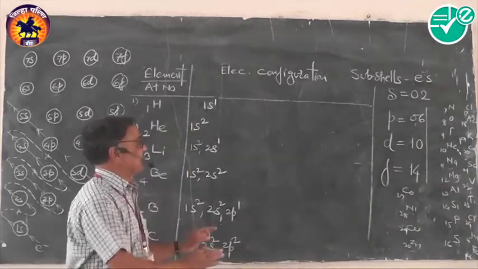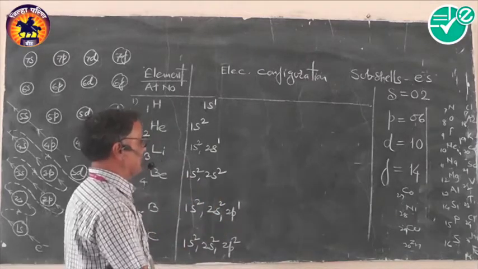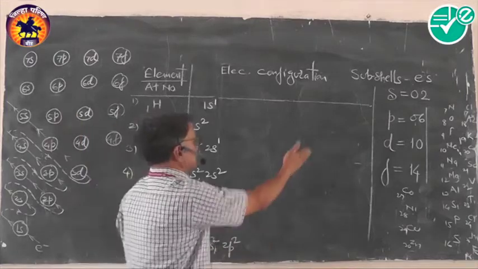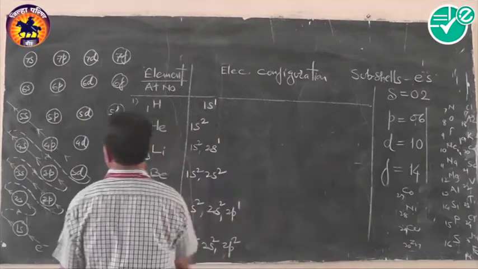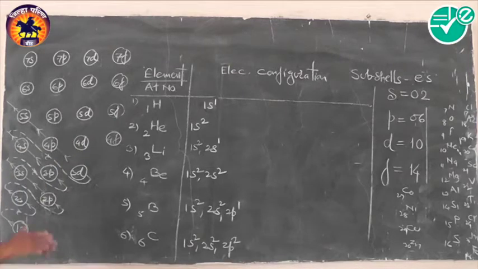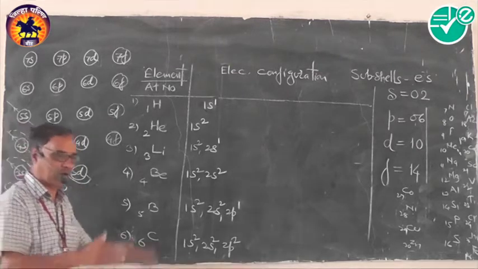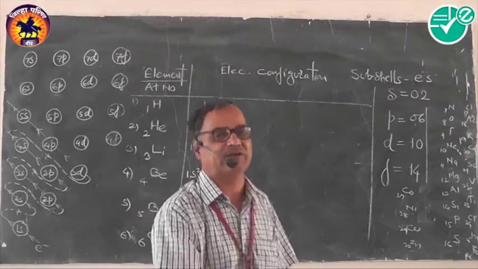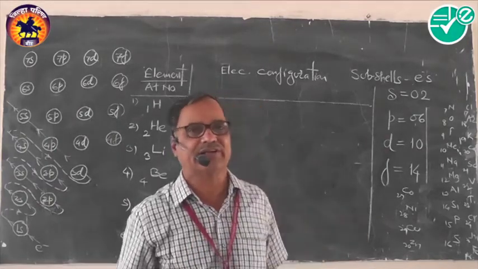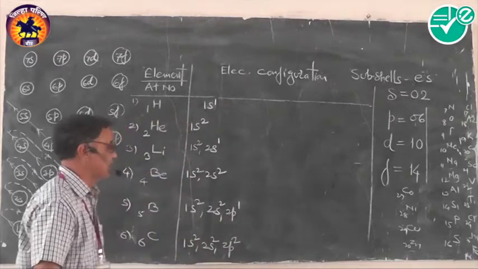So each sub-energy level, that is s, p, d and f, is filled with 2, 6, 10 and 14 electrons. It is very easy to write the electronic configurations of all the 118 elements in the periodic table.